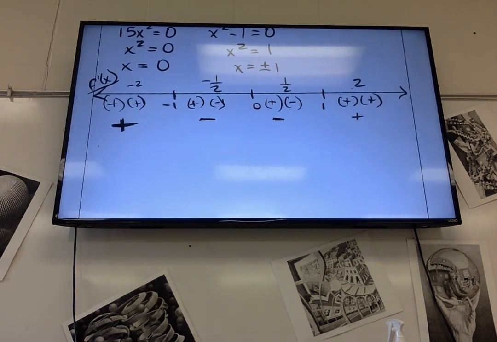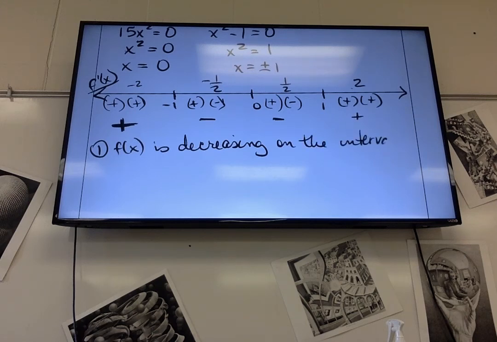All right, so number 1. f of x is decreasing on the interval. Where is it decreasing? Negative 1 to 0 and 0 to 1.